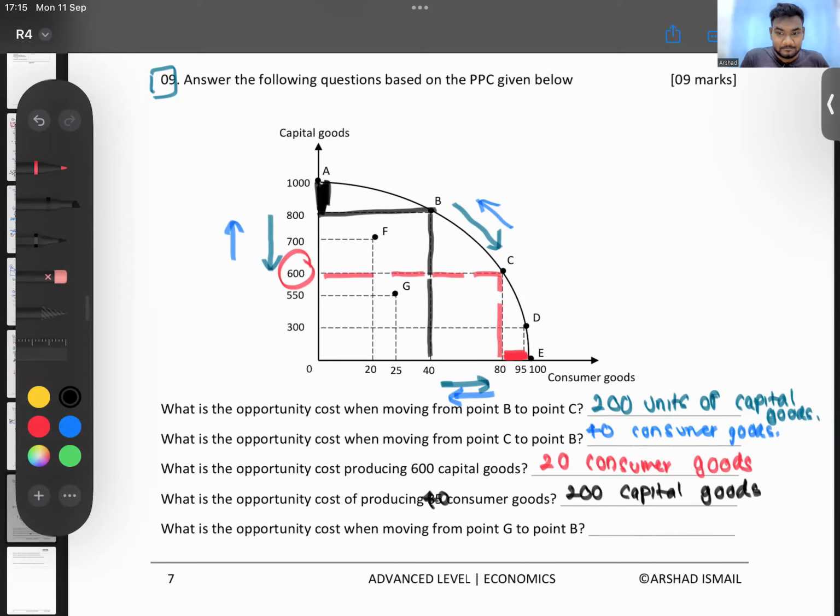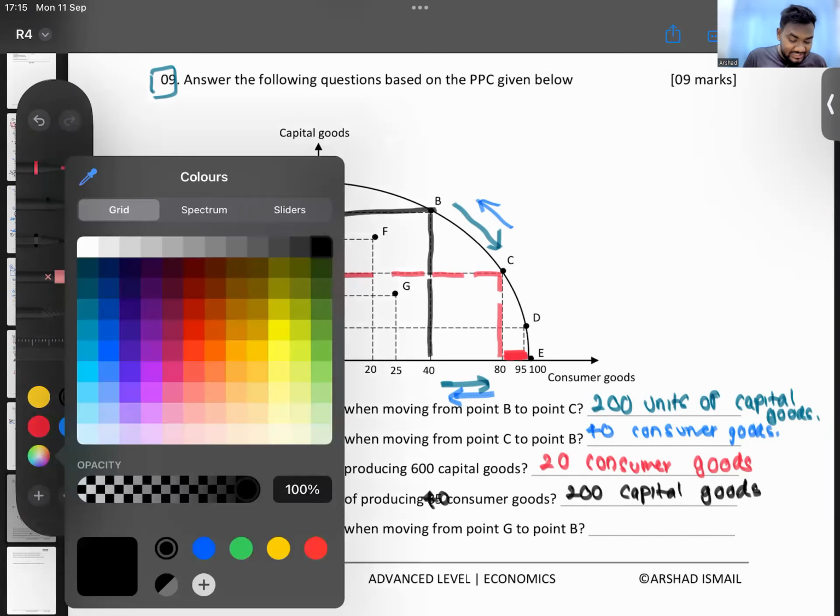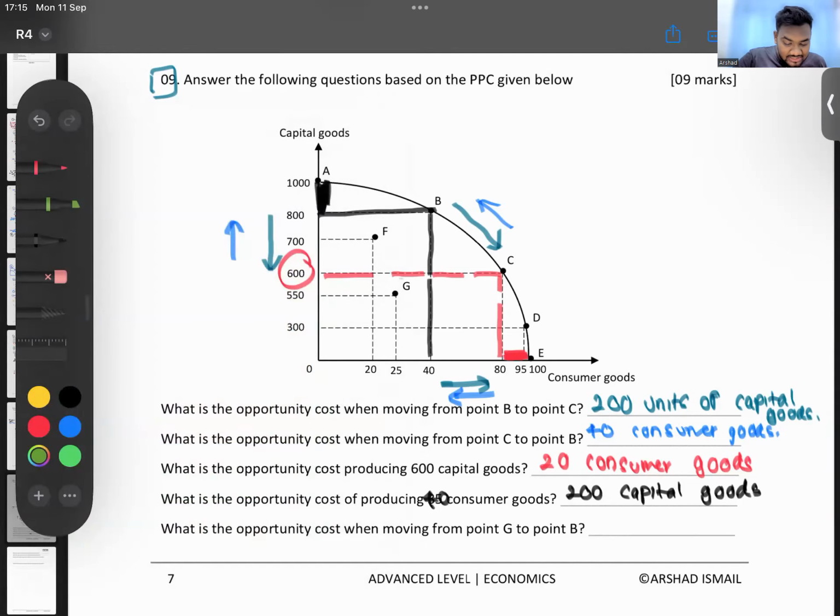Okay. Then they're asking, what is the opportunity cost of moving from G to B? G to B. So think, do you have to sacrifice anything? You're going from point G to point B. You can say there is no opportunity cost, or you can say there is zero opportunity cost.